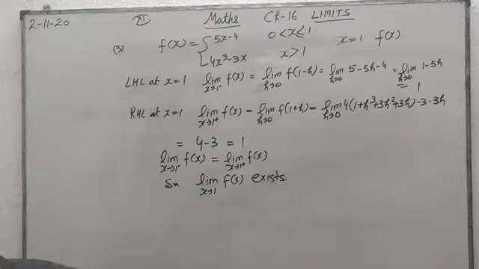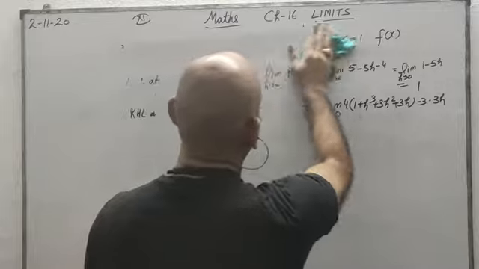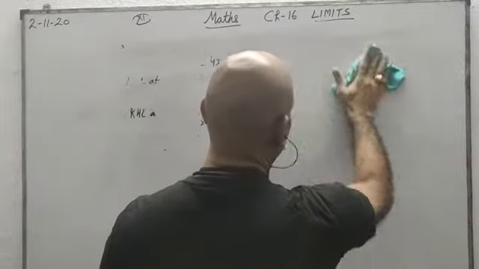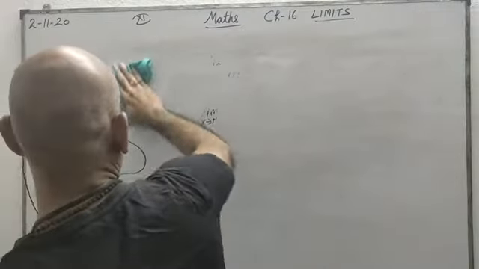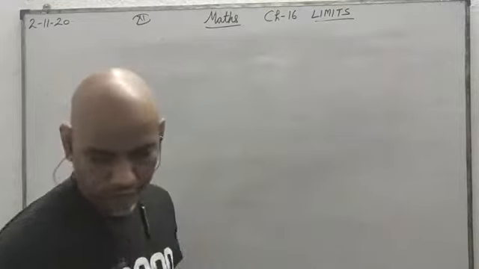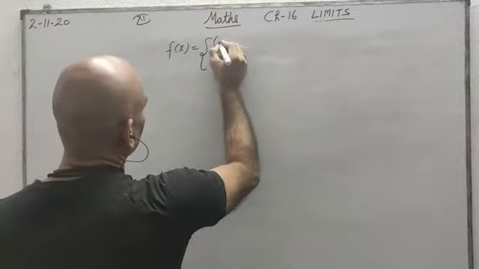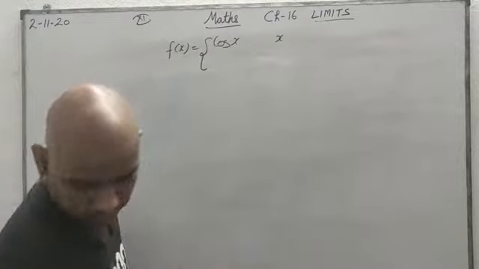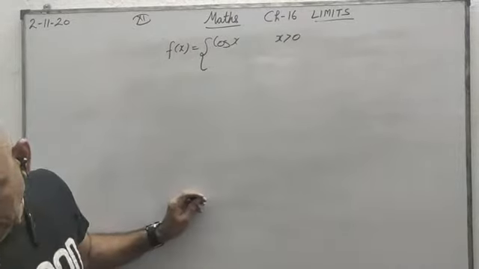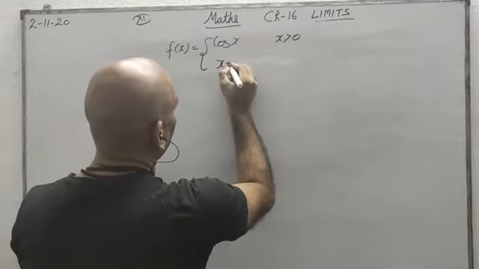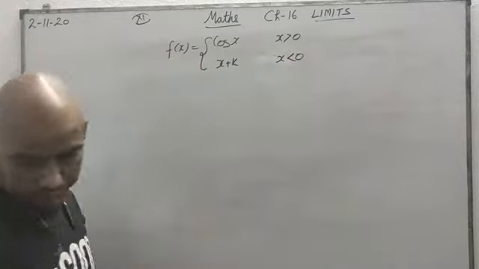Yes, what it is saying is that f(x) is given as, and at x is equal to 0 f(x) exists, then find the value of k. f(x) is equal to cos x for x greater than 0 and x plus k when x is less than 0.